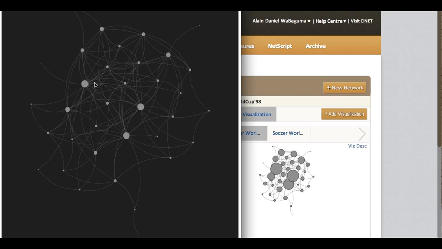We have these four here: 10, 18, 12, and 13. Yeah, it's kind of difficult to see clicks when there are so many lines in here, but here we go.